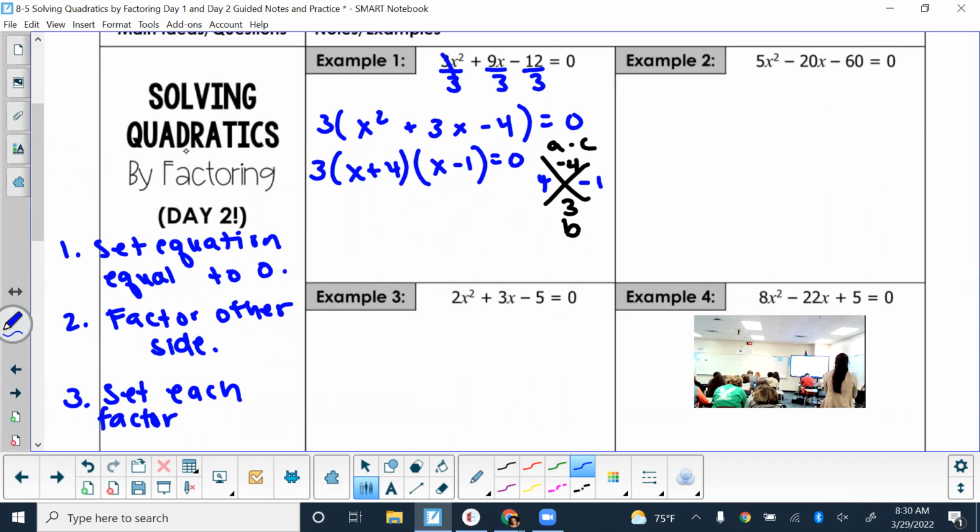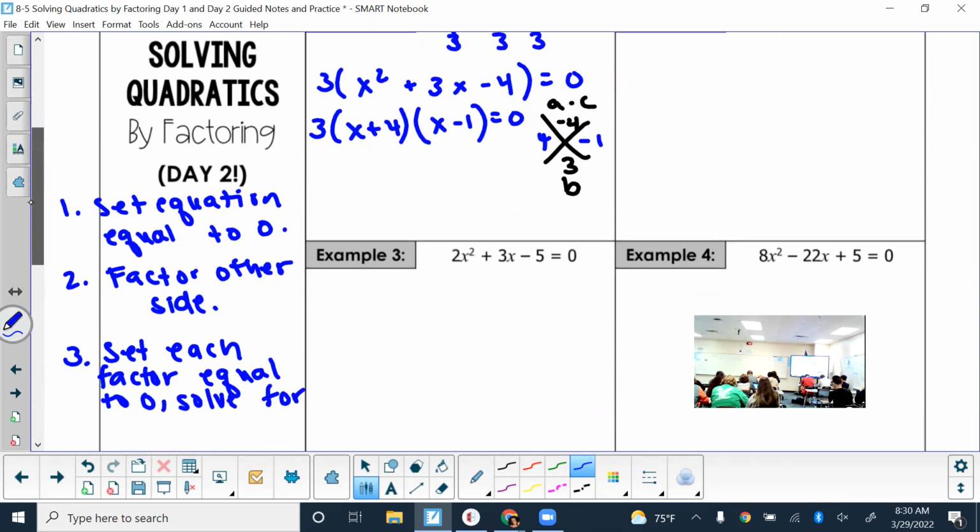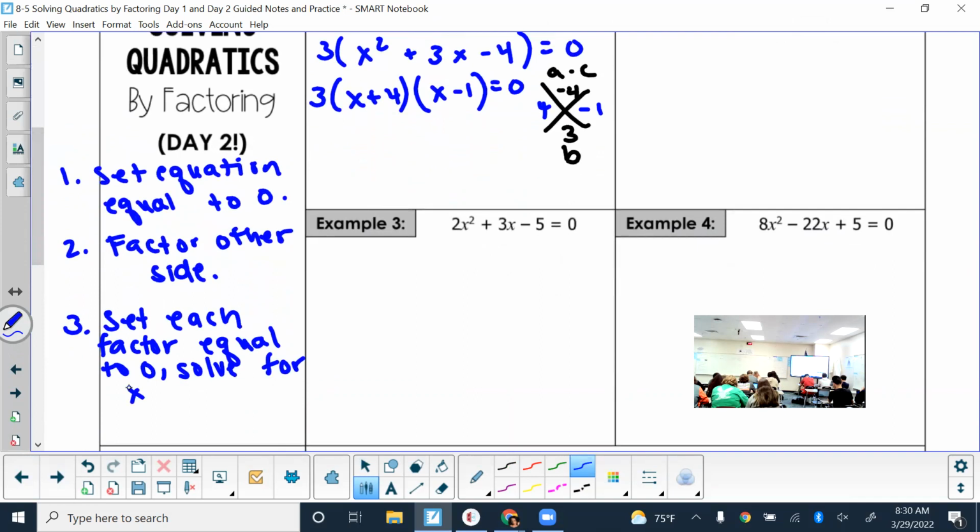We're solving quadratics. So it's not like we're doing what we've done in the past. We have to set each factor equal to 0 and solve for x. All right, so set each factor equal to 0 and solve for x.